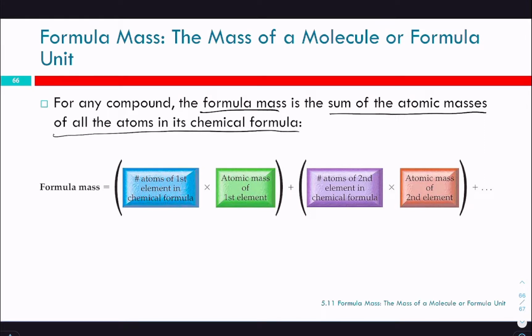Say we want to know the formula mass of carbon dioxide, which we've been using a lot. We need the atomic masses of all the atoms in the chemical formula. The atomic masses are on the periodic table. So we have a carbon and oxygen, and we'll look up, I'll use colons here instead, carbon's atomic mass is 12.011.